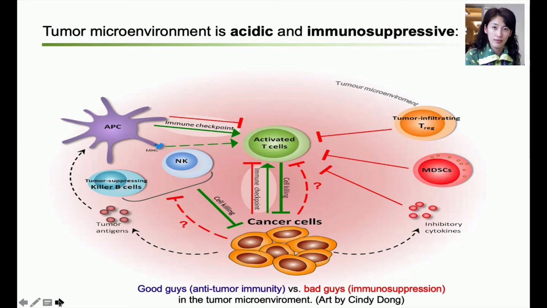We could call cancer a localized immune suppressive disease. Another phenomenon is that the tumor microenvironment is always acidic. Those two phenomena have been known for years.